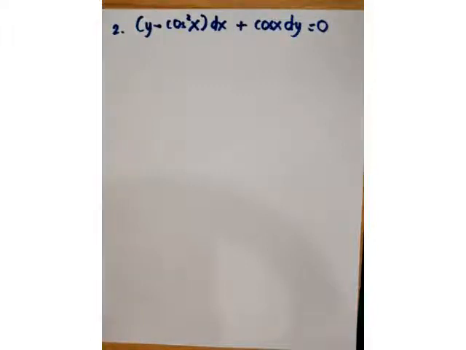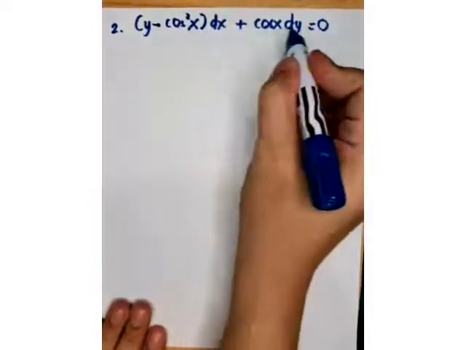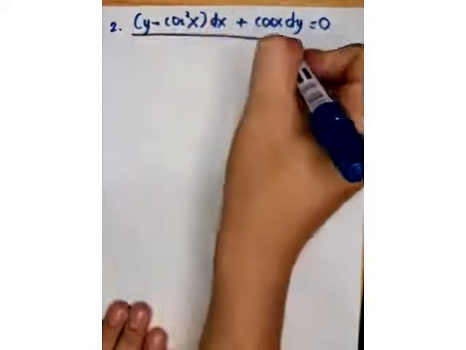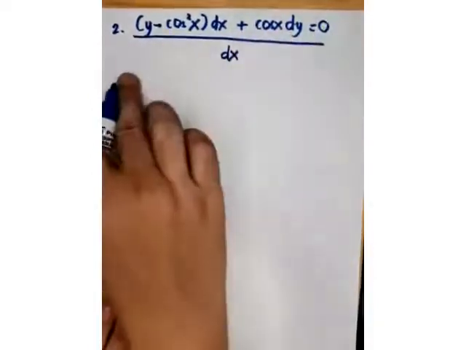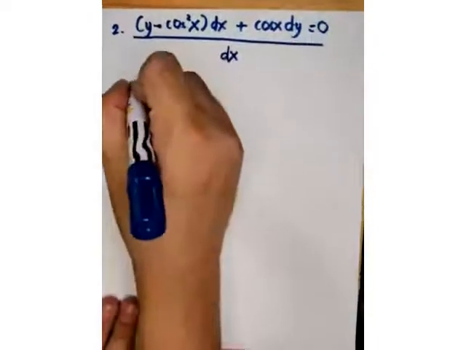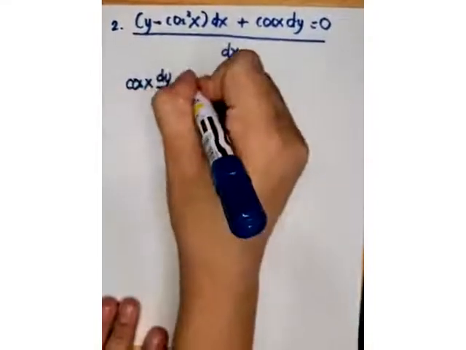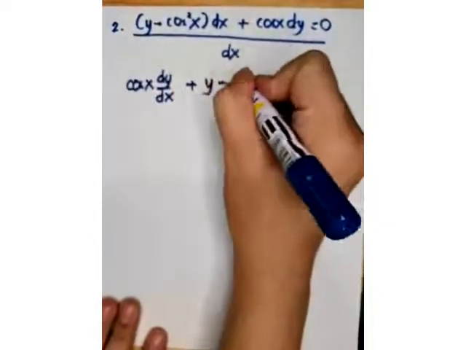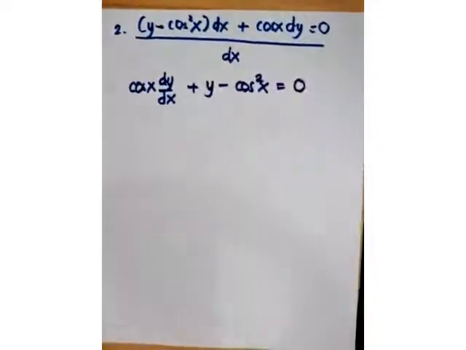Baliktad, dy over dx. Okay, first, kailangan nyo munang kunin ano yung dy over dx. So divide natin to ng dx. And then iharap na natin siya dito. So cosine x dy over dx plus y minus cosine squared x is equal to 0.